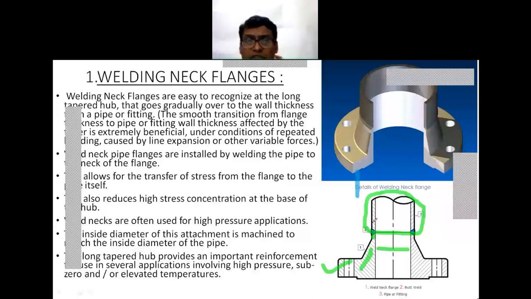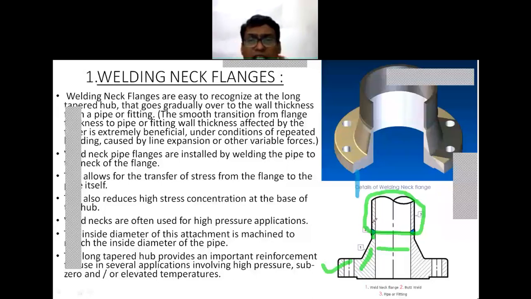And this is provided with a tapered section so that the cross section area remains constant, and it will be easy for welding to the further pipe. That is why it is called a welded neck flange. A neck is provided, and this neck helps for easy welding.